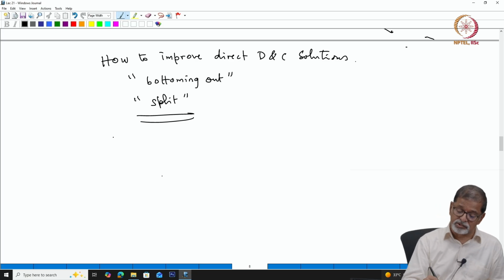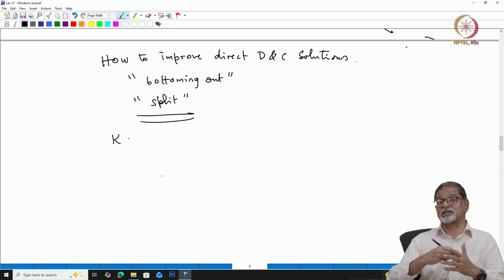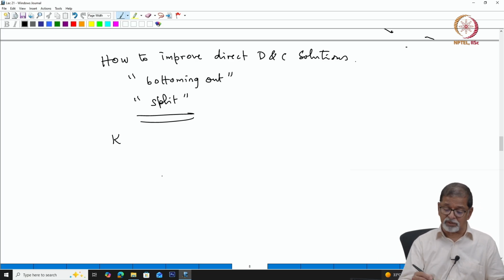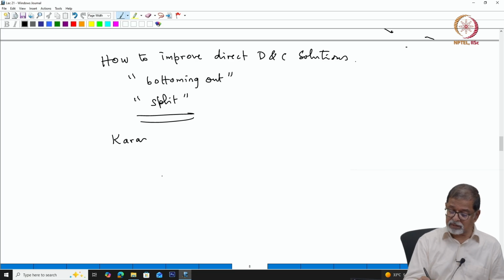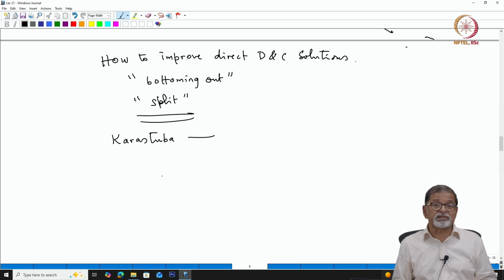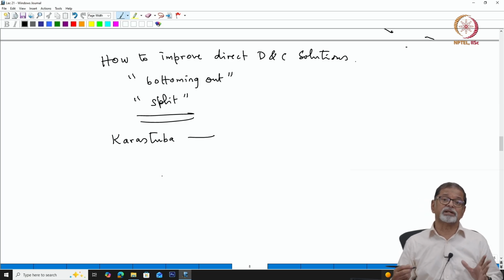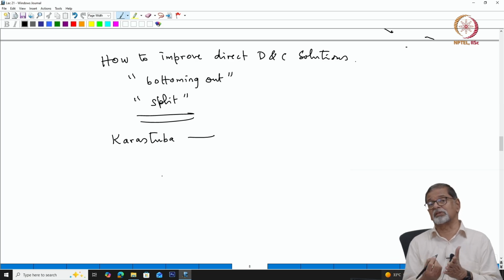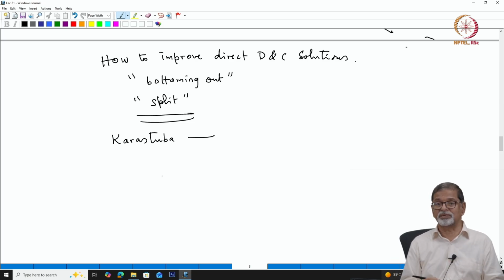Karatsuba's algorithm tells you how to handle dividing into more than 2 subproblems. Karatsuba's algorithm gave us a very interesting way in which to divide the problem into several subproblems, and then by reducing the number of such subproblems, we can gain efficiency.